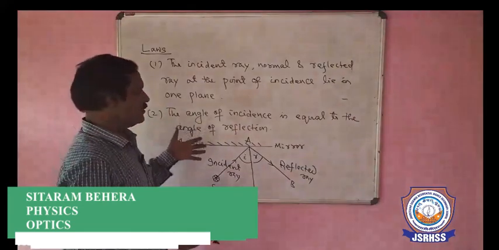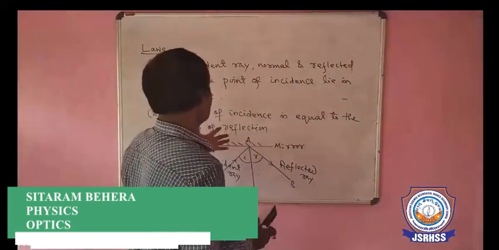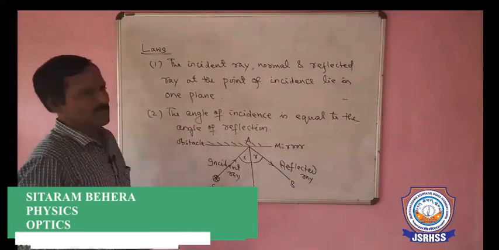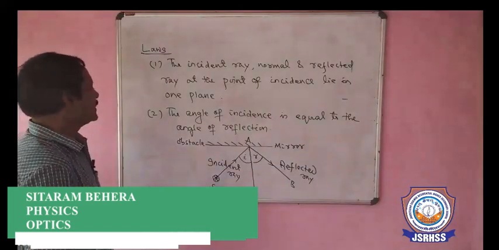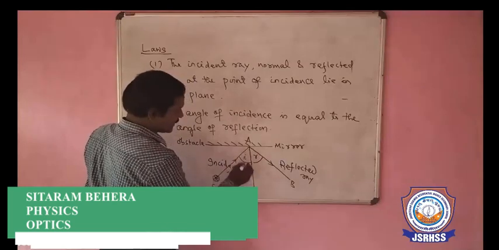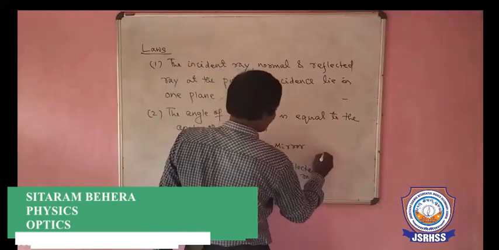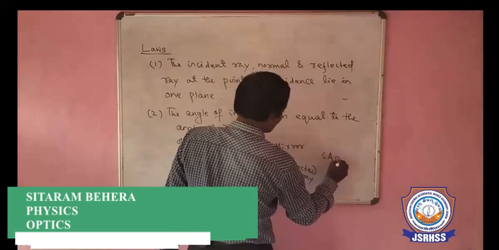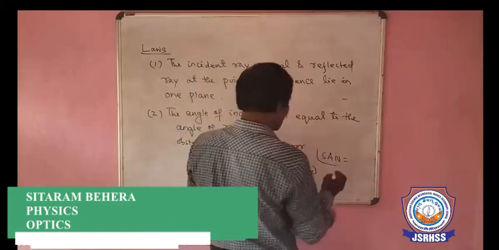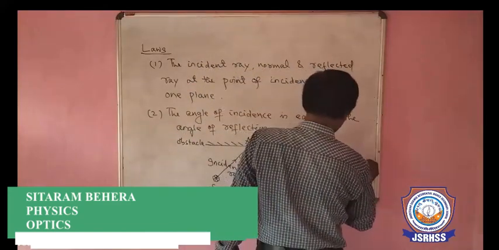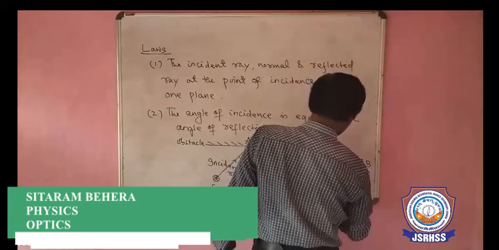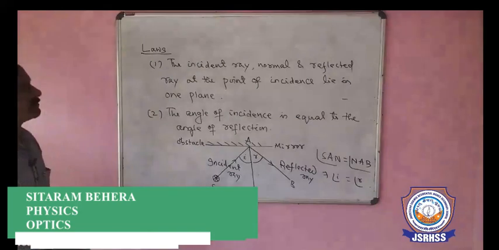So say we are drawing the figure in a plane, that is here on your blackboard. So all the three lines lie in the same plane. It is obvious. Then second law, the angle of incidence, that is angle SAN, is equal to angle of reflection, that is NAB. So the angle of incidence is equal to the angle of reflection.